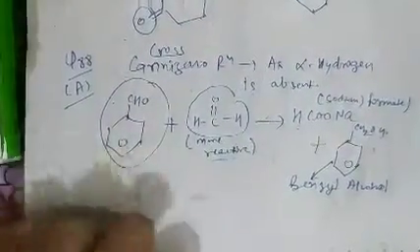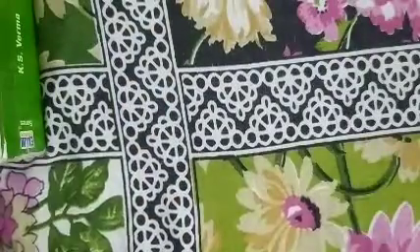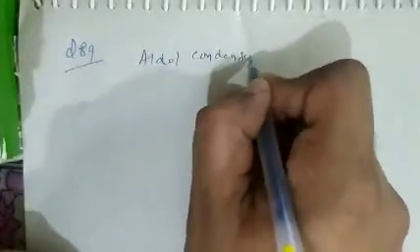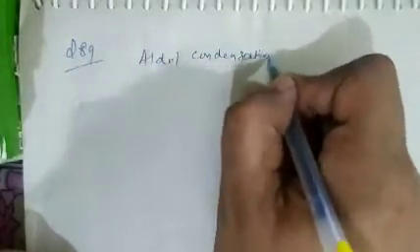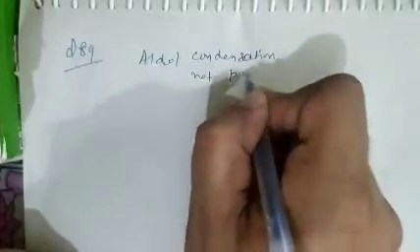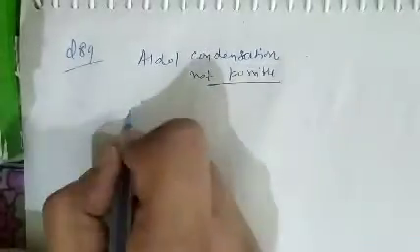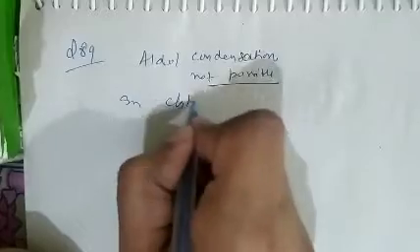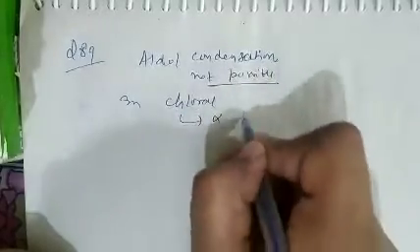See question number 89. In question number 89, what is given there? Question number 89 is basically: aldol condensation is not possible in which compound? As we know, in chloral alpha hydrogen is absent.